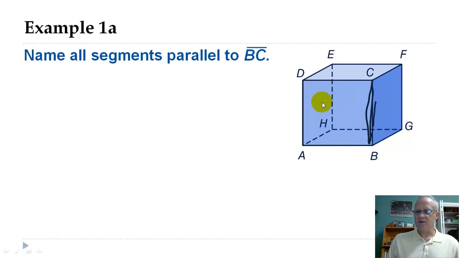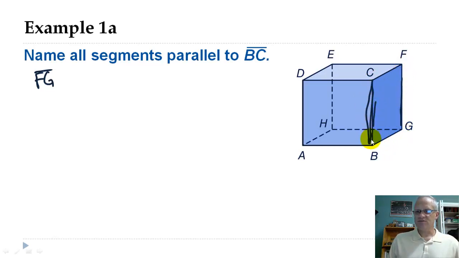And you can look in many different directions. So the first thing that we're going to do is say, well, this line CB is in this plane off to the right edge here. Well, here's another line that's parallel to it in this plane, which is FG. So we would say line segment FG is parallel. So that's this line right here. All right, what else?